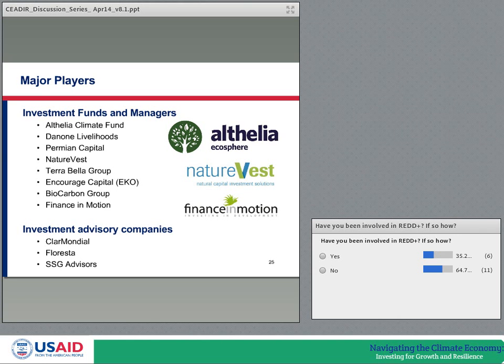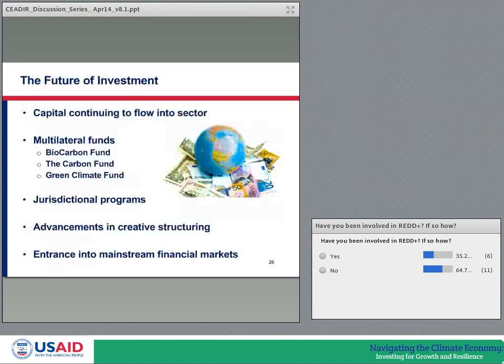And then I'm running out of time, so I'll just very quickly highlight, we're continuing to see growth capital entering into this space. Nature Conservancy estimates that the amount of money from 2009 to 2013 has doubled. Jurisdictional programs, Bob touched on. The financial institutions would love to know how they can operate within the jurisdictional programs.